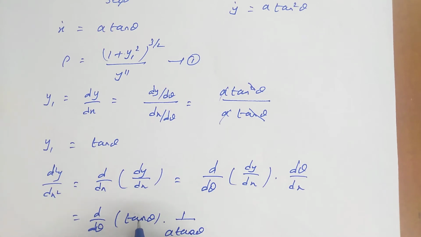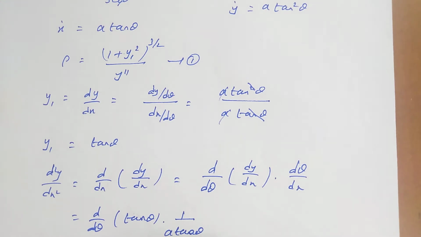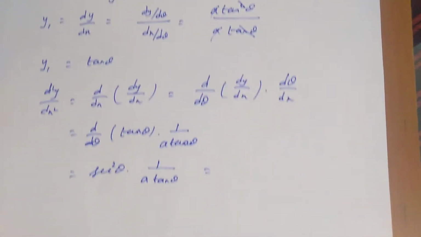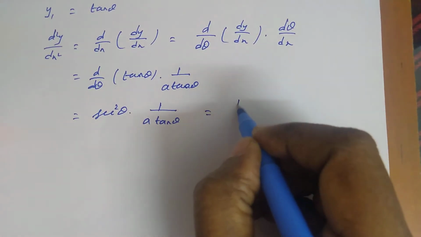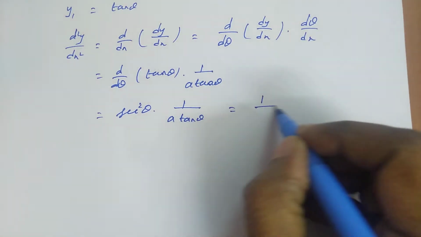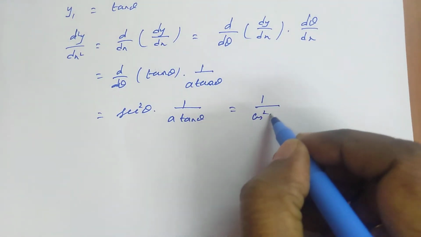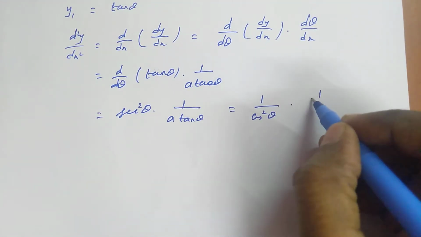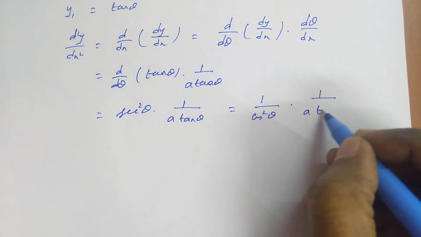Now differentiation of tan theta is nothing but secant square theta into 1 by a tan theta. Now secant square theta can be written as 1 by cos square theta, into 1 by a tan theta.